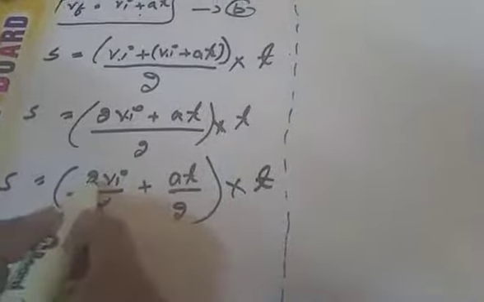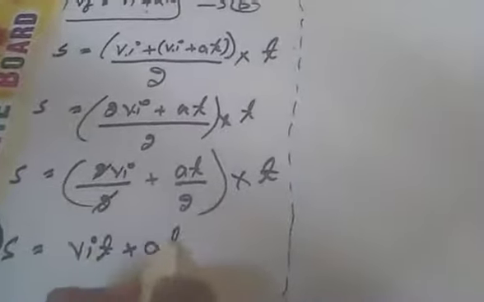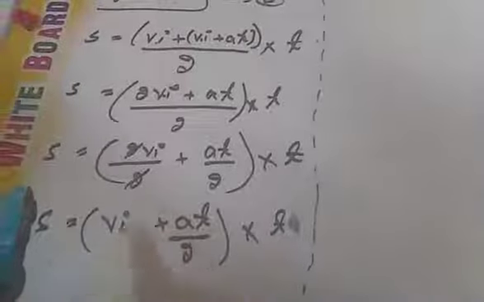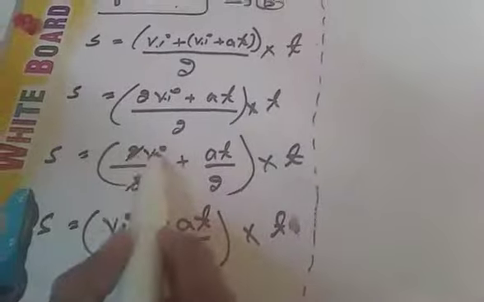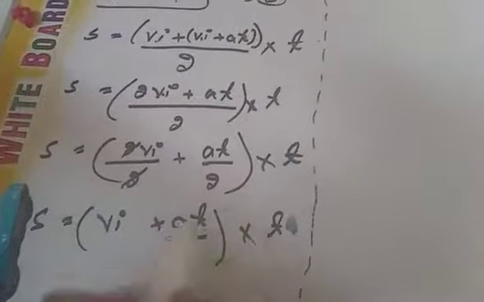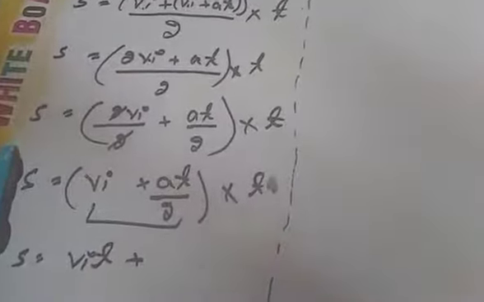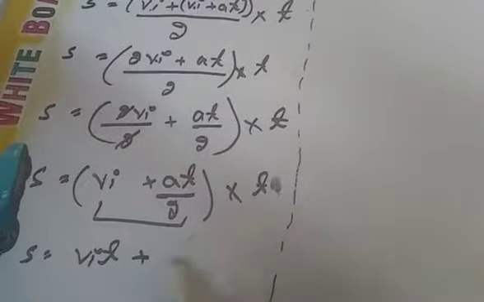The 2 cancels with the 2, remaining S = (Vi + at/2) times t. Here t is multiplied by both of these terms: Vi multiplied by t gives Vi t, and at/2 multiplied by t gives a t²/2.